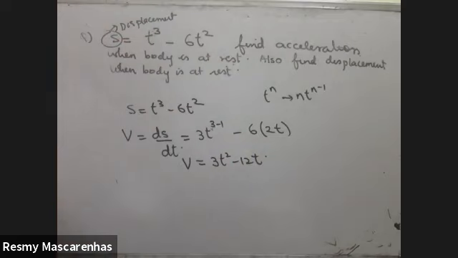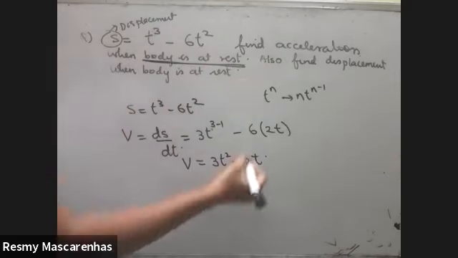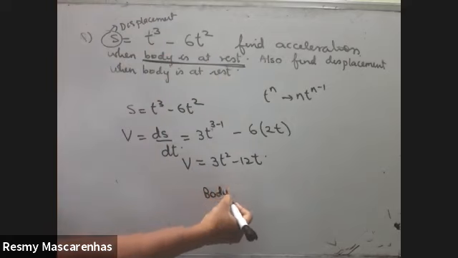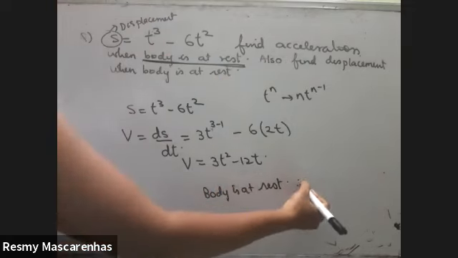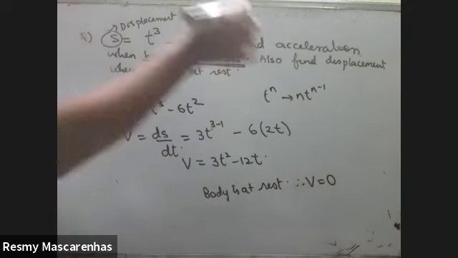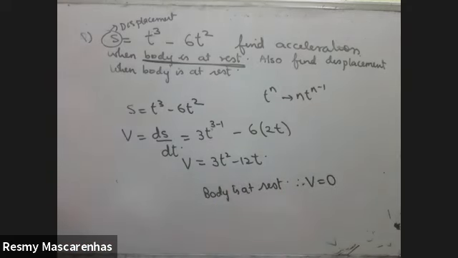Now what has been told? Body is at rest. Body is at rest means, I told you, always v will be equal to 0. This is a fixed condition.